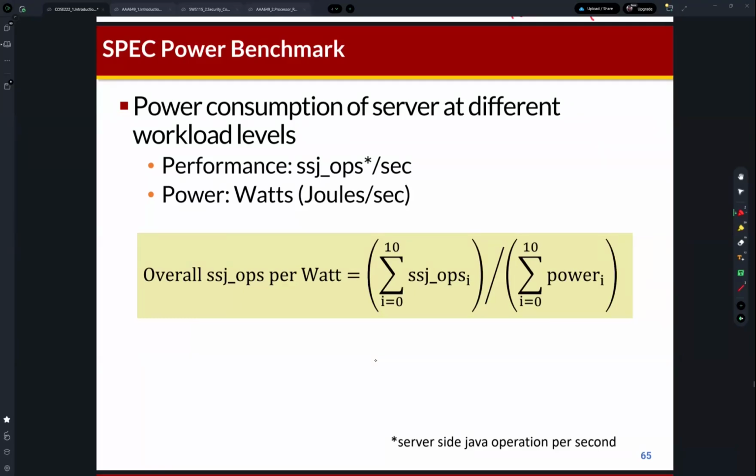It's not easy to analyze, but we can just understand that the SPEC Power benchmark measures the performance per power consumption. This is also a very important metric, the performance per power consumption. If you Google and compare some processors, you can also find this metric, the performance per power.